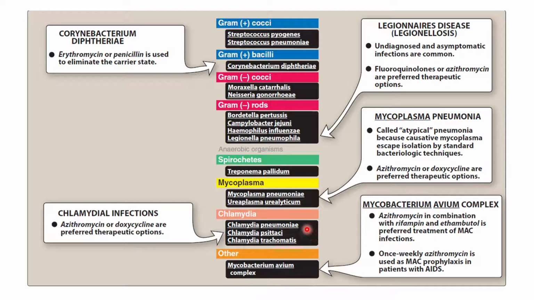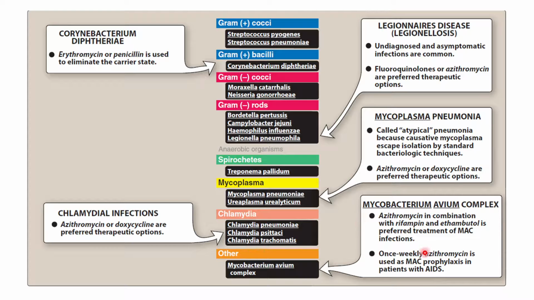Chlamydia may be different: pneumoniae, trachomatis is a bone disease, psittaci is with a fever. The last one is Mycobacterium avium complex, seen in HIV patients and usually treated with a combination of azithromycin, rifampin, and ethambutol. This is MAC, or Mycobacterium avium complex, usually seen only in patients with HIV.